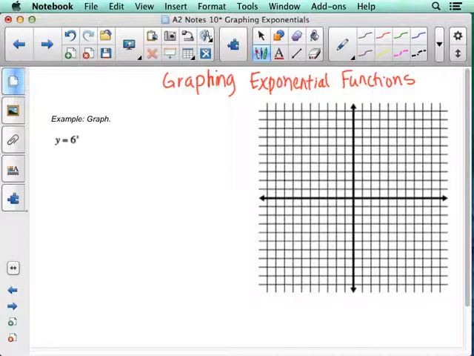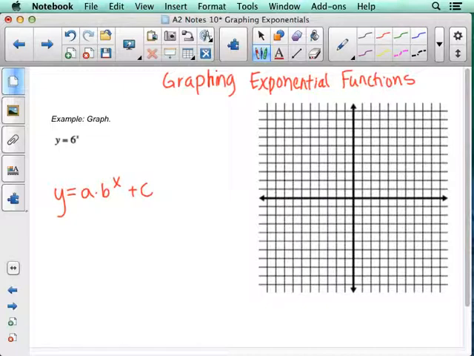Now, first thing when you're graphing is you need to think about the horizontal asymptote. So, if I have a function that is in standard position, we say y equals a times b to the x plus c. And this plus c part represents the vertical shift.